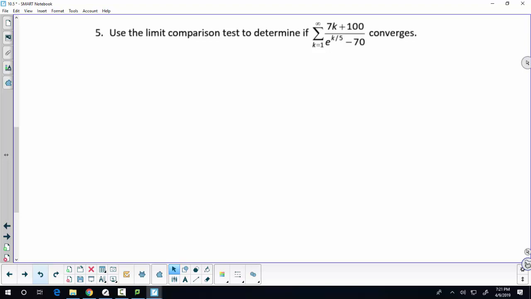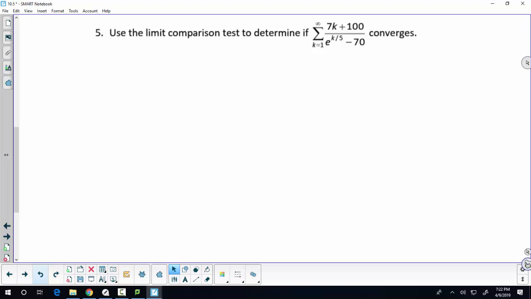Compare? Yeah, the sum and that sum. Now you gotta figure out how to test this thing for divergence.